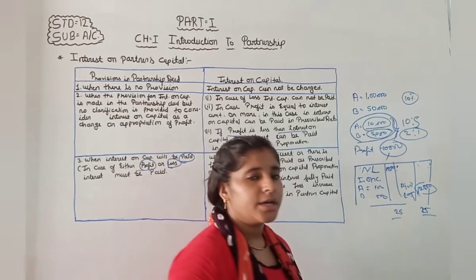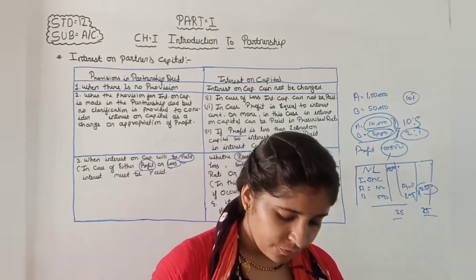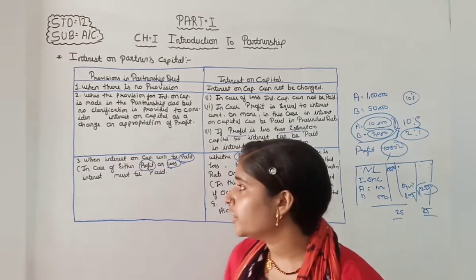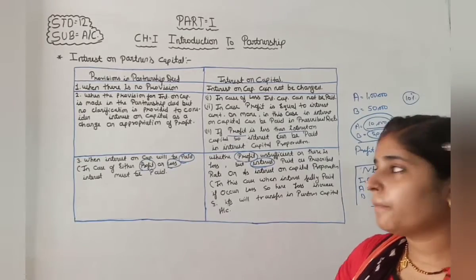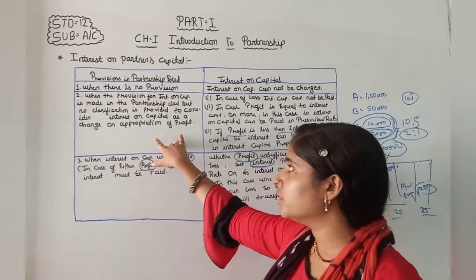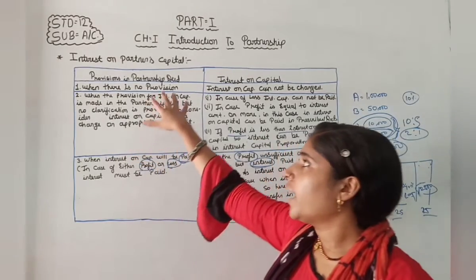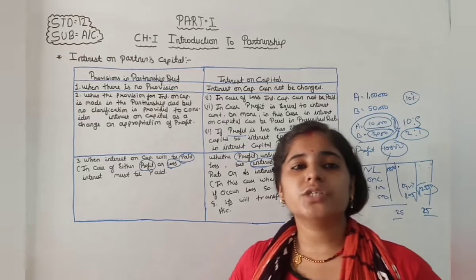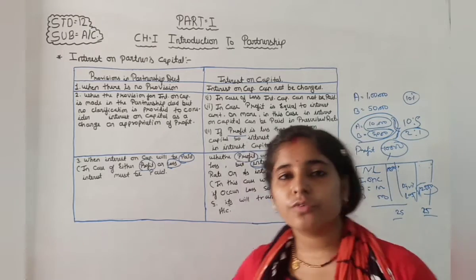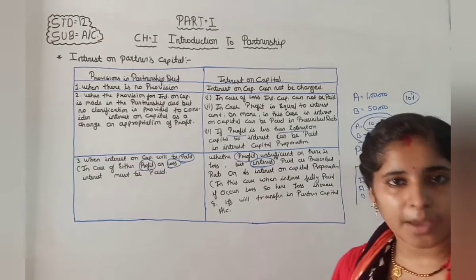It means you are increasing the loss of the partnership firm. So these are the different situations in a partnership deed: whether the interest must be charged or not, and if no provision is given in the partnership deed, what are the entries for interest on partners' capital.